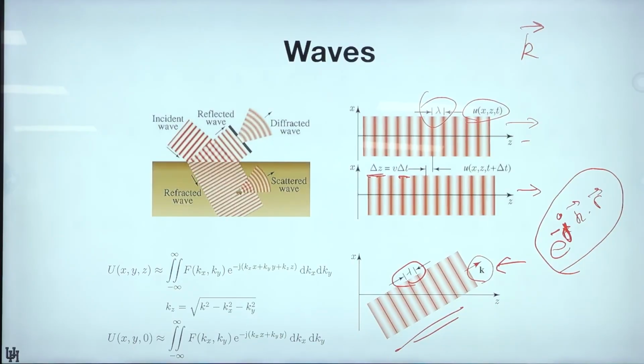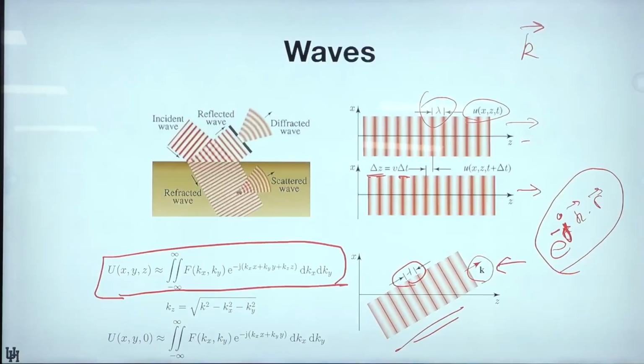Now the next question is, how does light travel? We saw a little bit of this in the previous class. Here is a general equation for how you can find the shape of the wave for any given wave. You can think of any general wave shape as a linear combination, or linear superposition, of plane waves.